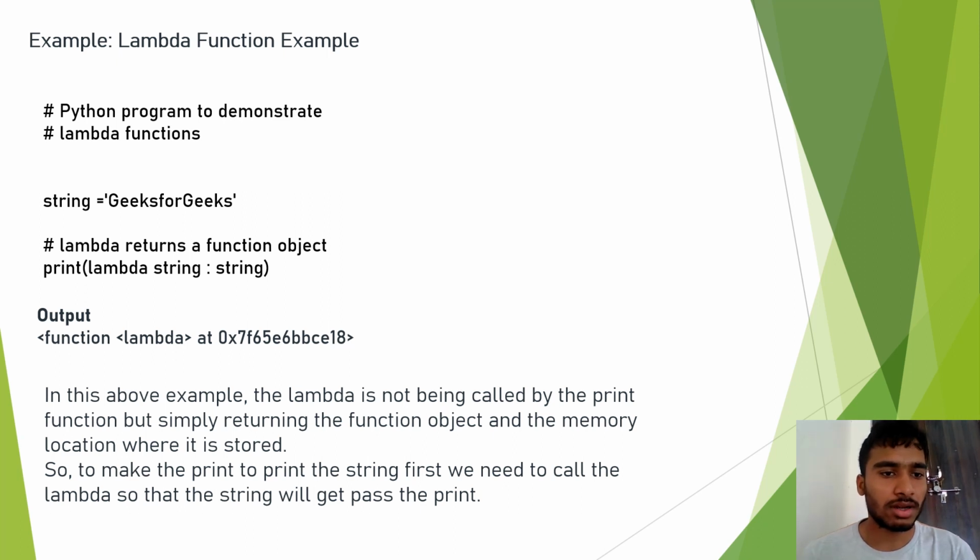The output is not accurate here because we did not write the lambda function properly. In the above example, the lambda is not being called by the print function but simply returns the function object and the memory location where it is stored. So to print the string, first we need to call the lambda so that the string will get passed to the print.